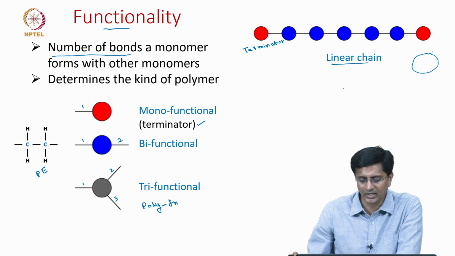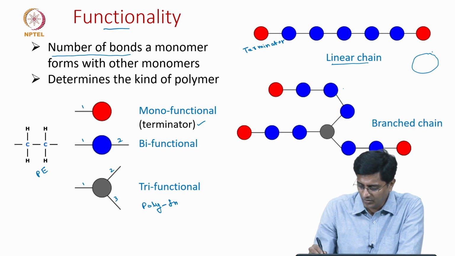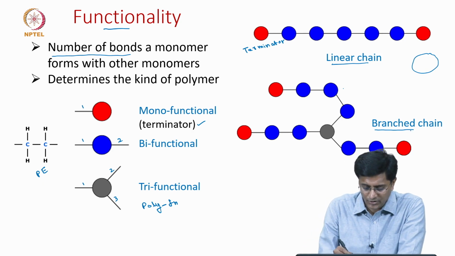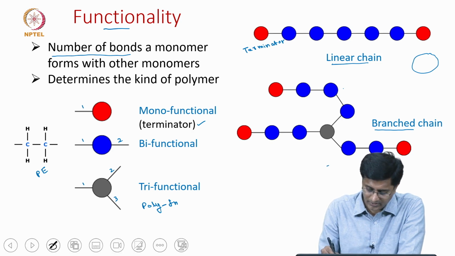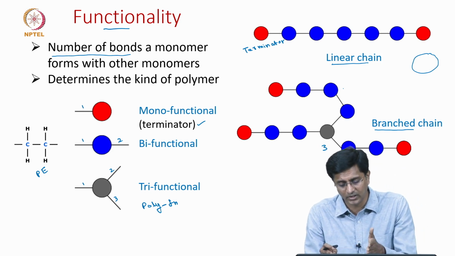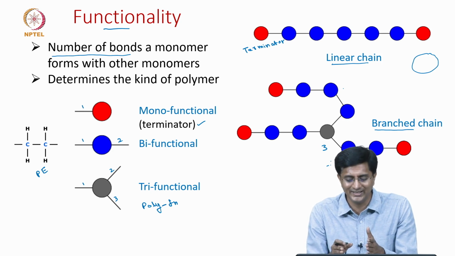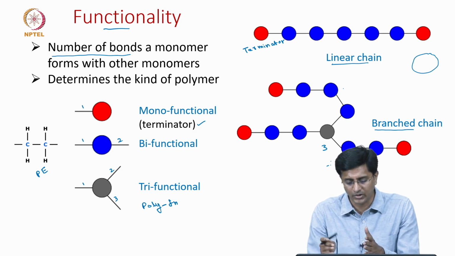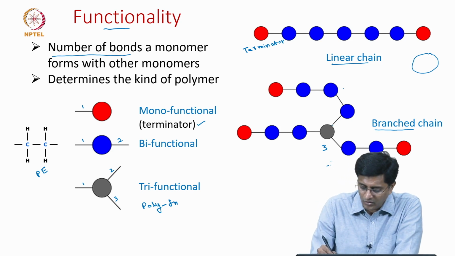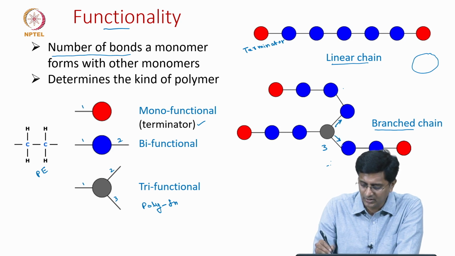Now let us look at another possibility. Here what we are showing is a branched chain. Here, in addition to these bifunctionals and the terminators, we also have this trifunctional. Because of this trifunctional, if you focus on the left of it, it is almost like a linear chain, but to the right, there are two branches, one goes to the left and one goes upwards and downwards.